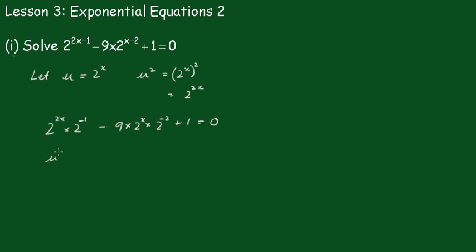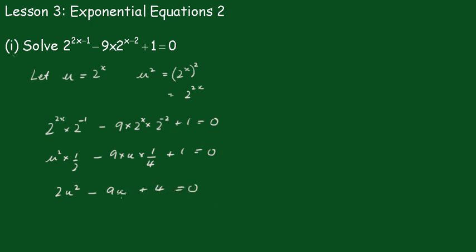So we get u squared times 1 over 2 minus 9 times u times 1 over 4 plus 1 equals 0. Now multiplying throughout by 4, we get 2u squared minus 9u plus 4 equals 0.